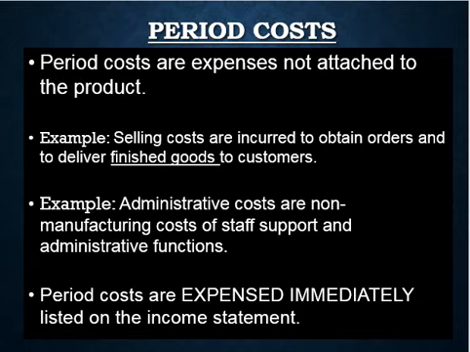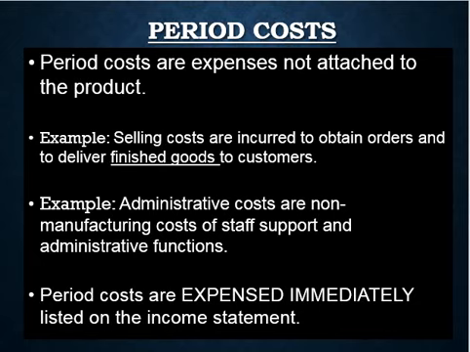Other examples, administrative costs, anything related to the office. Now look at the wording: not the plant, not the factory. Anything related to the office will be period costs. You're going to learn anything related to the factory will be product costs.